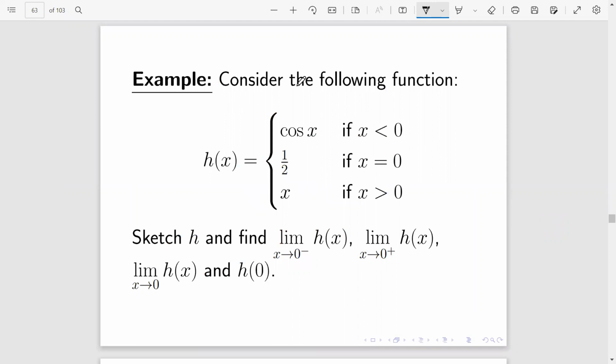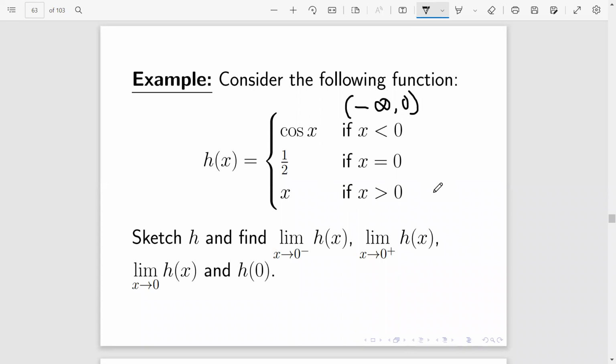I hope I'm making sense. Maybe let's take this piecewise function. We say that h of x, whenever x is less than 0, meaning from negative infinity until 0, is defined by cos x. When x is equal to 0, the y value will be half.